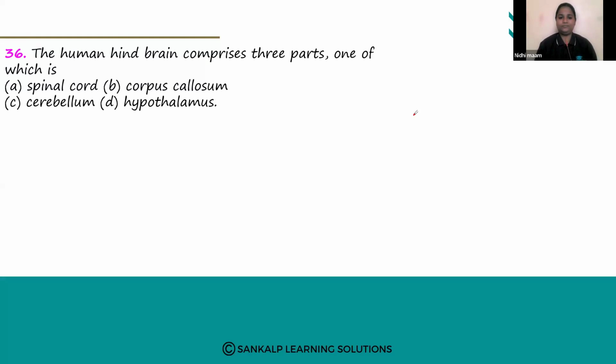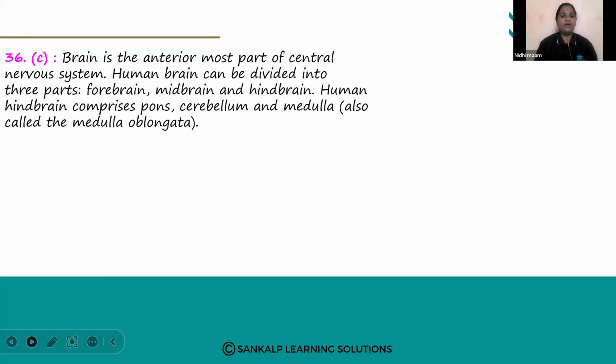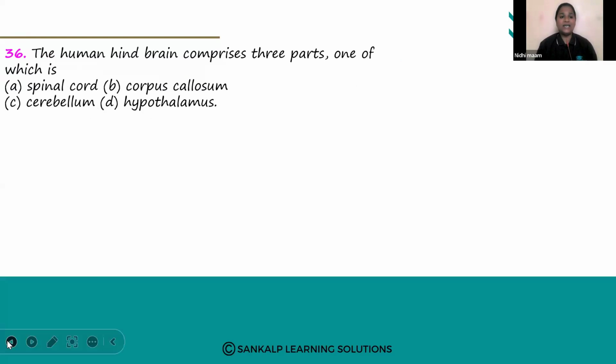Be fast. The human hindbrain comprises three parts. The brain is the anterior-most part. It is divided into forebrain, midbrain, and hindbrain. The hindbrain has pons, cerebellum, and medulla, also called medulla oblongata. So pons, cerebellum, and medulla. So the right answer here is cerebellum.